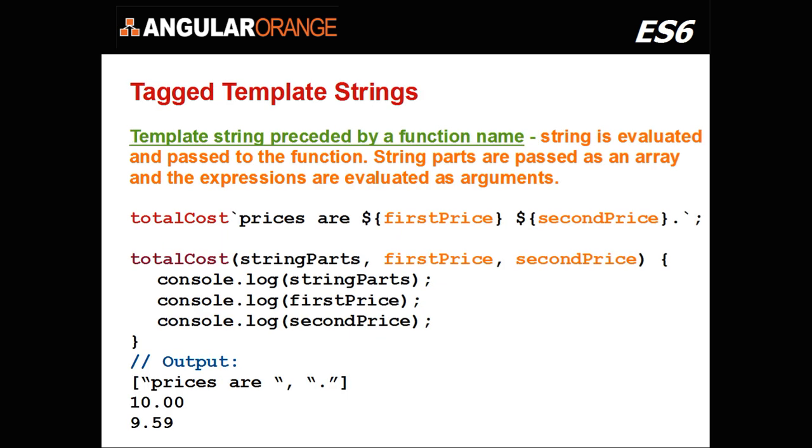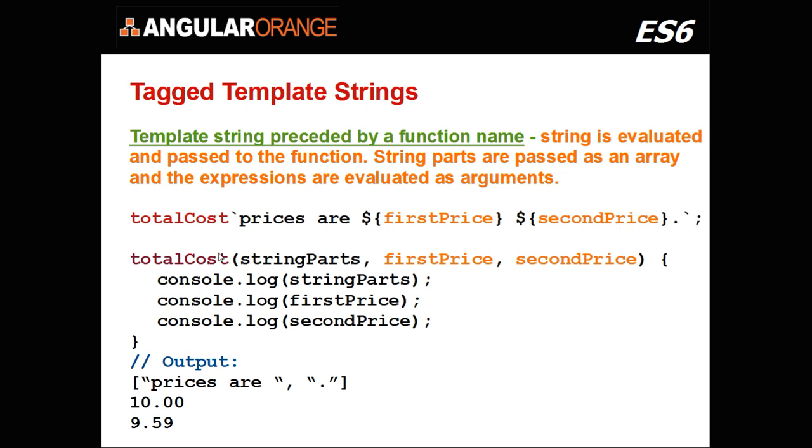Okay, tagged template strings. A template string preceded by a function name. A string is evaluated and passed to the function. String parts are passed as an array, and the expressions are evaluated as arguments. So suppose I had this function called total cost, and prices are first price and second price.